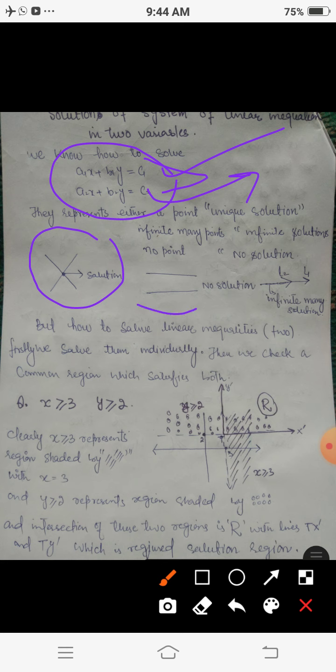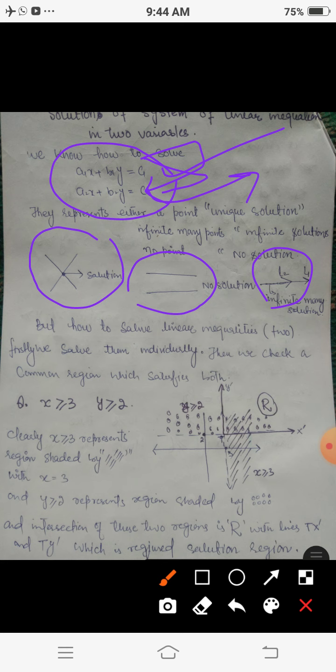When there is no point of intersection between these two lines, this system has no solution. And when line L1 overlaps or coincides with line L2, then they have infinitely many common points, hence this system has infinitely many solutions.